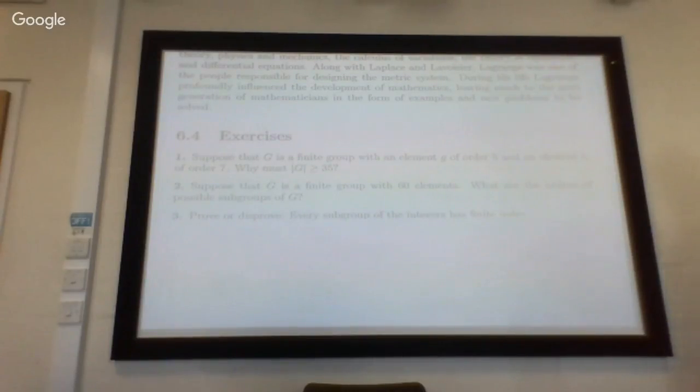So the first Sylow theorem says that for any power of a prime that divides the order of the group, the group does have a subgroup of that order. So 1, 2, 3, 4, 5, 15. Oh no, that's not right, I'm confused. So I think just 1, 2, 3, 4, 5.